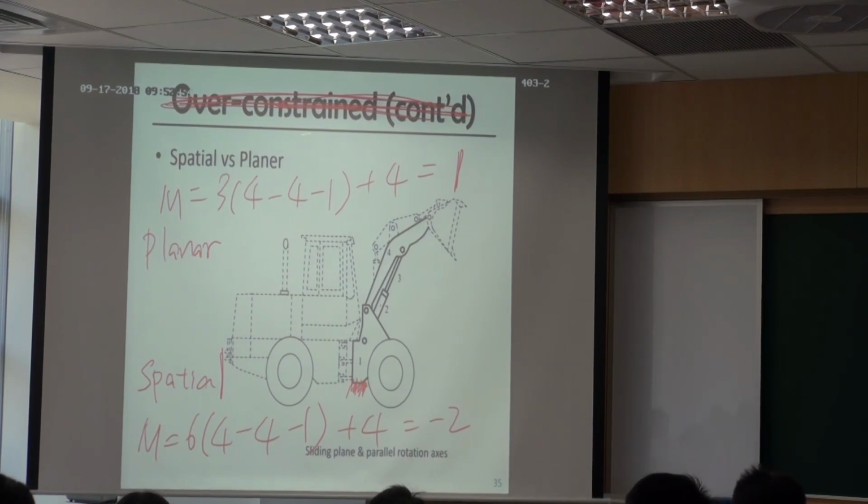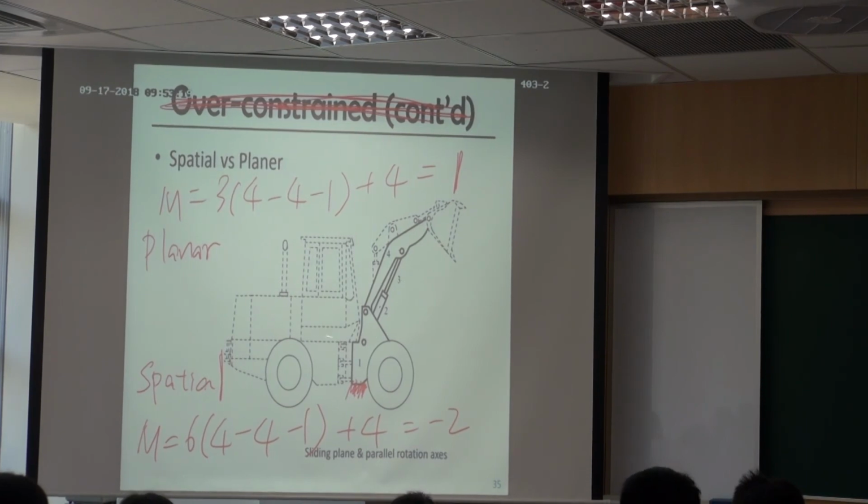If we consider this one as a planar mechanism, we know all these R joints are pointing in the same direction. If they are not, then it will be this case. In this case, it may not move. Yeah, this mechanism may just lock there.